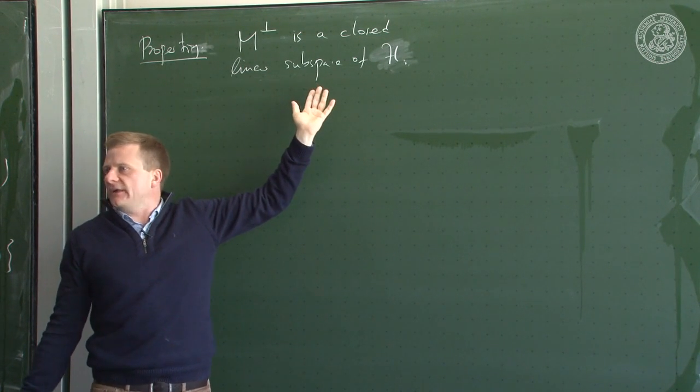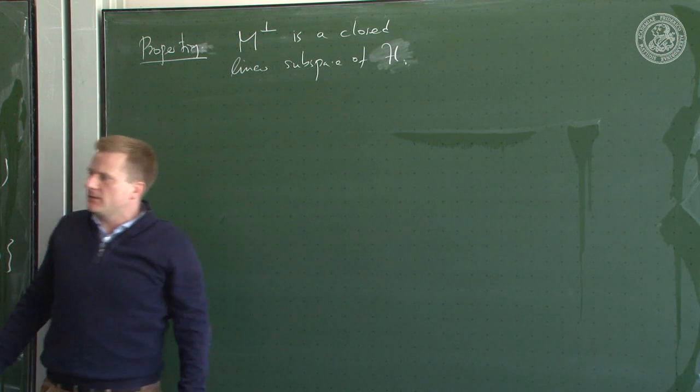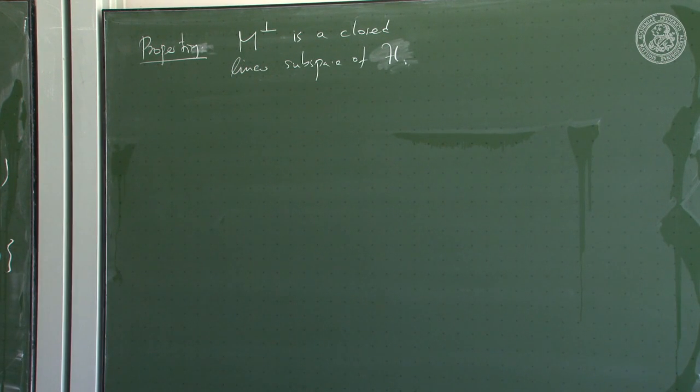Okay, so that's great. So we know the orthogonal complement of a linear subspace is certainly a sub-Hilbert space.